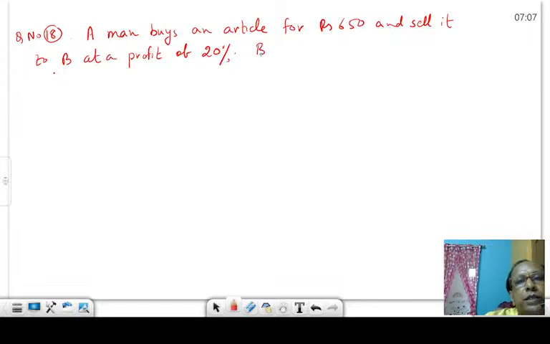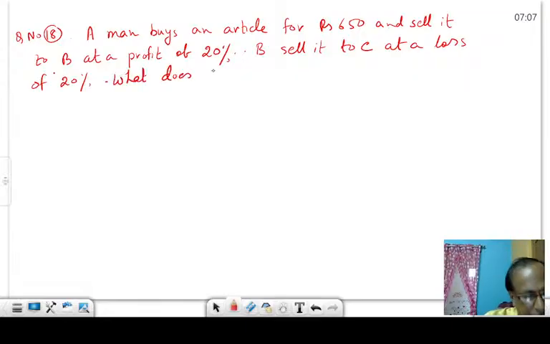B sells it to C at a loss of 20%. What does C pay for it? That is the question.